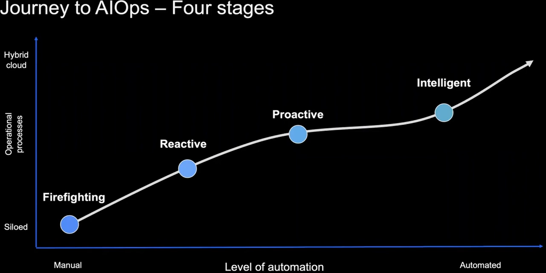But ultimately, where we want to get to is an intelligent stage, where we start adopting things such as AI that can assist with identifying anomalies before there is even an observable problem to the end user. We're looking at things that are non-trivial, and we're able to remediate them before they become a service disruption.